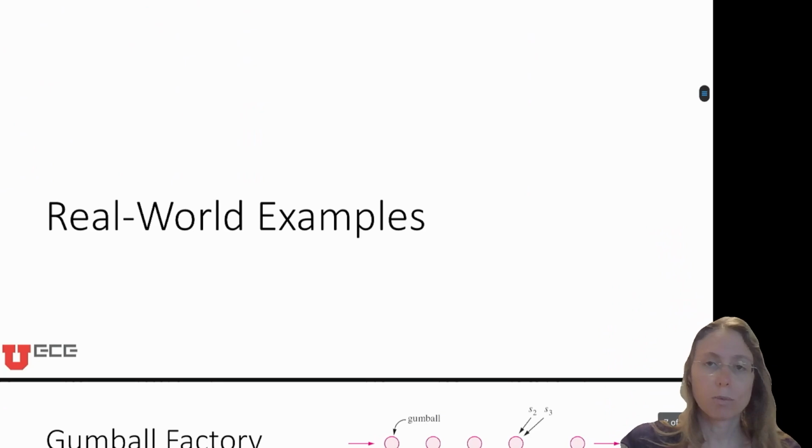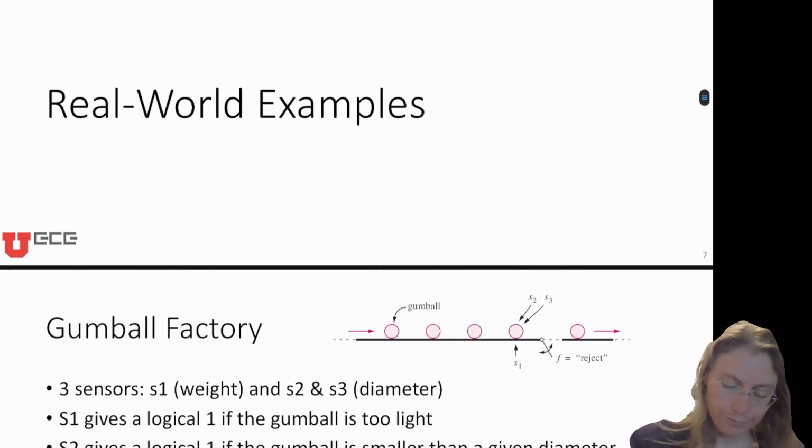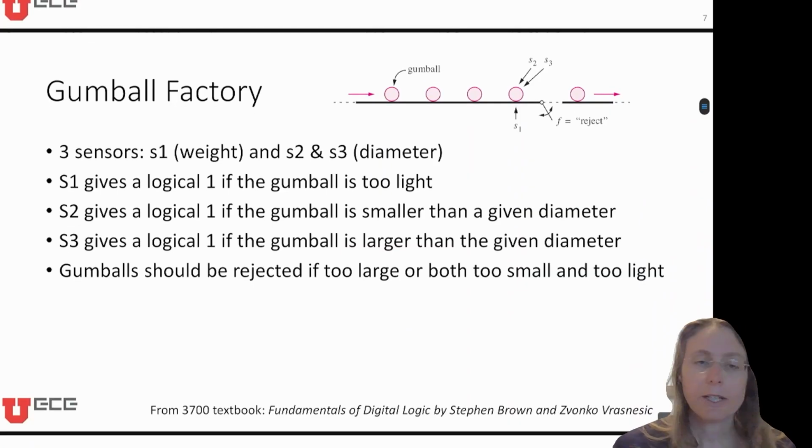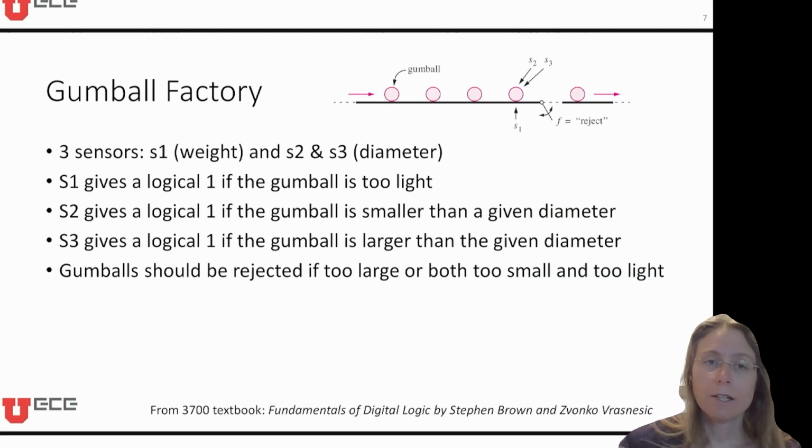Next, we're going to do some real-world examples. These come from our 3700 textbook, which is the follow-on class to this. They're talking about a gumball factory that has 3 sensors, 1 for weight and 2 for diameter. Sensor S1 gives a logical 1 if the gumball is too light. S2 gives a logical 1 if the gumball is smaller than the given diameter.